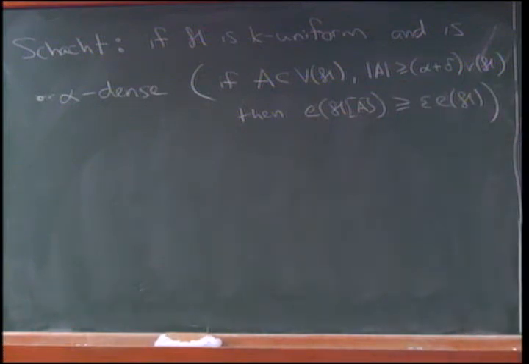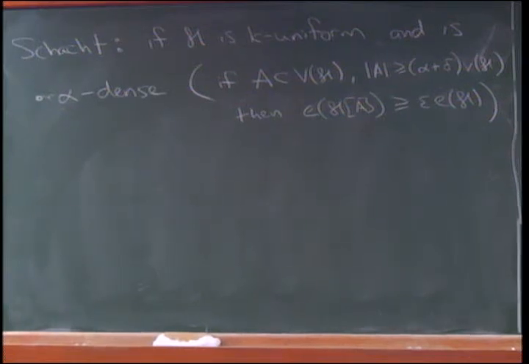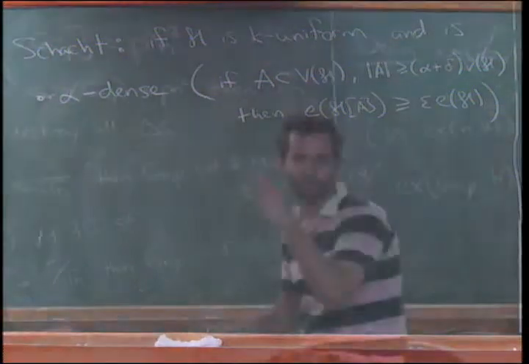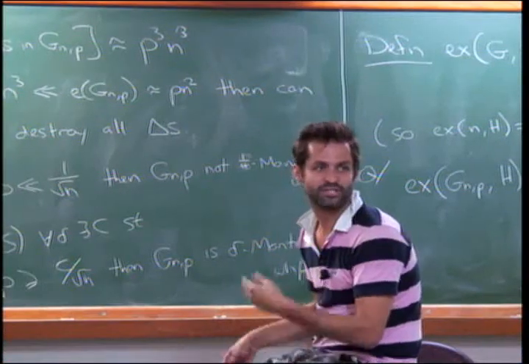So what does this say? For the Erdős–Stone theorem, it says if you start with 1 minus 1 over chi of H minus 1 plus delta times n choose 2 edges, you contain not just one copy of H, but as many as you could hope for. You contain a positive proportion of all of them.